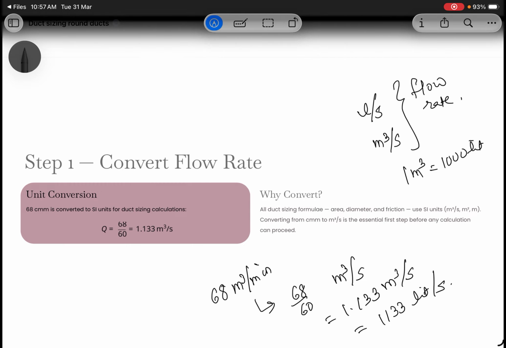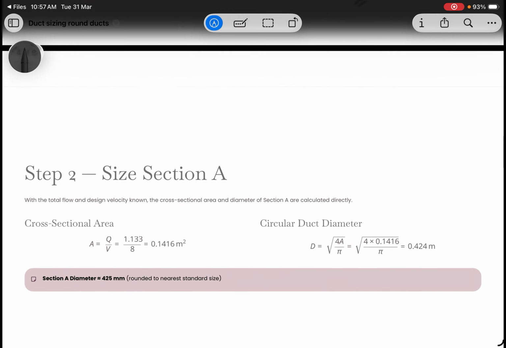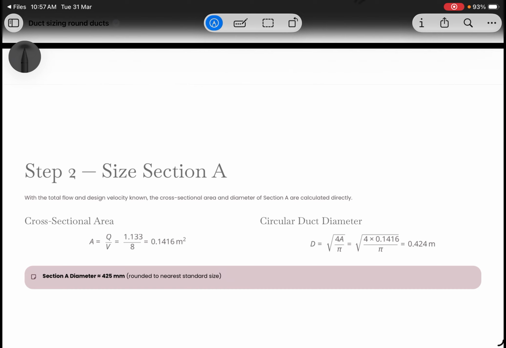Any unit that is given, whether it is MKS or SI, you must be comfortable converting it. Now, you can find the duct diameter directly from the friction chart, or you can estimate the diameter by first finding the cross-sectional area, because you are talking about round ducts.